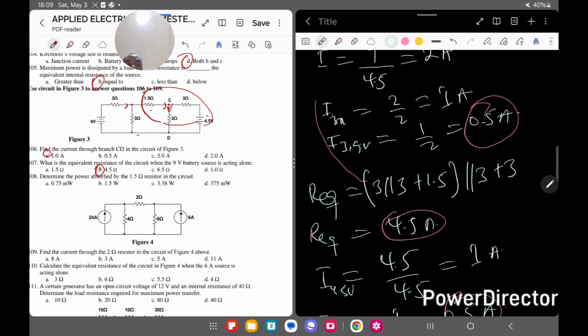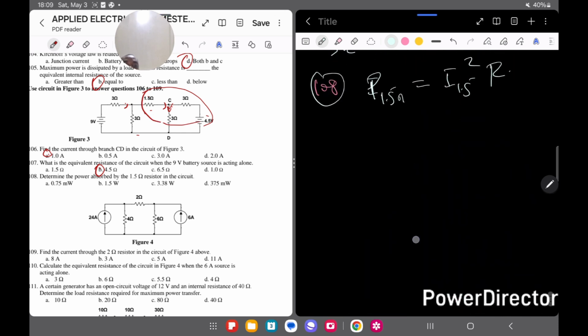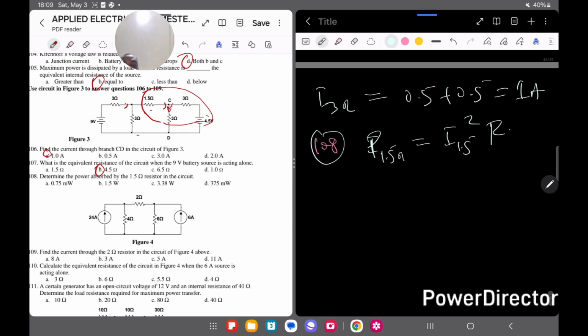So that will be for the 9 volts. The current for this 1.5 ohms due to 9 volts acting is going to be equal to 1 ampere.